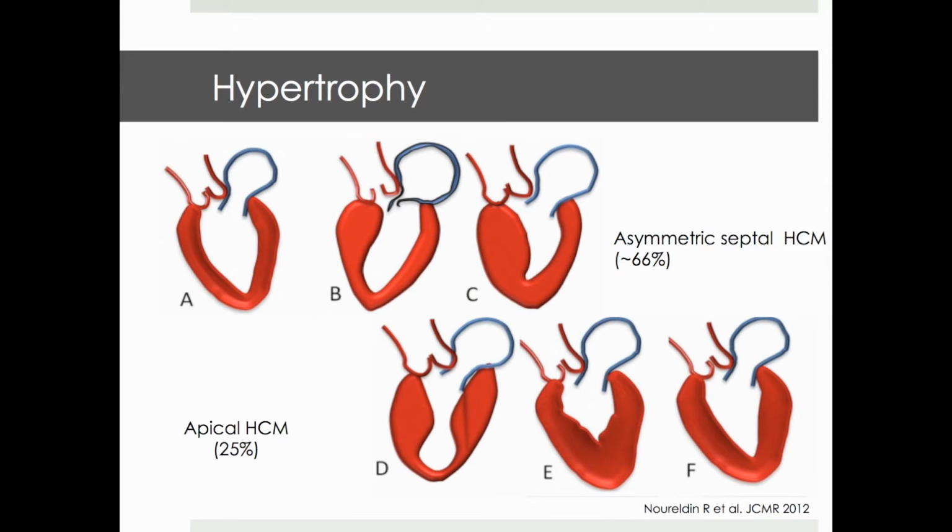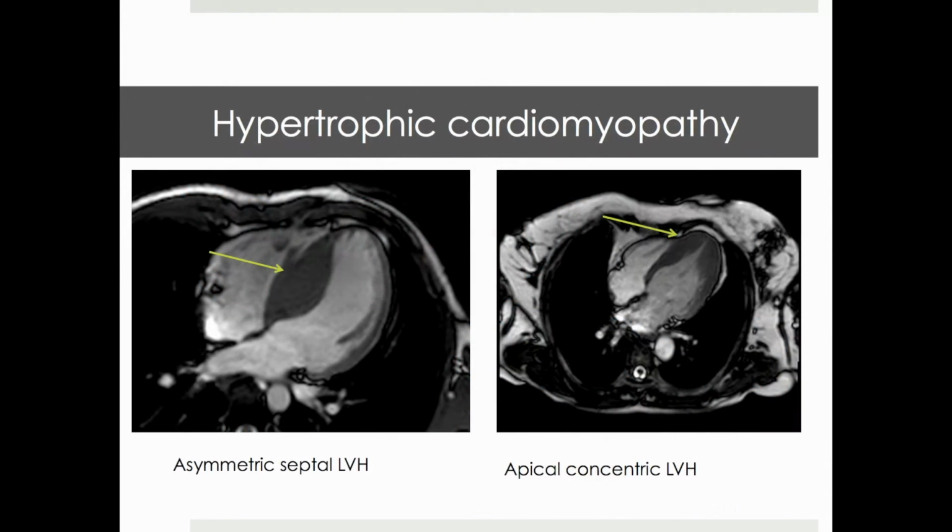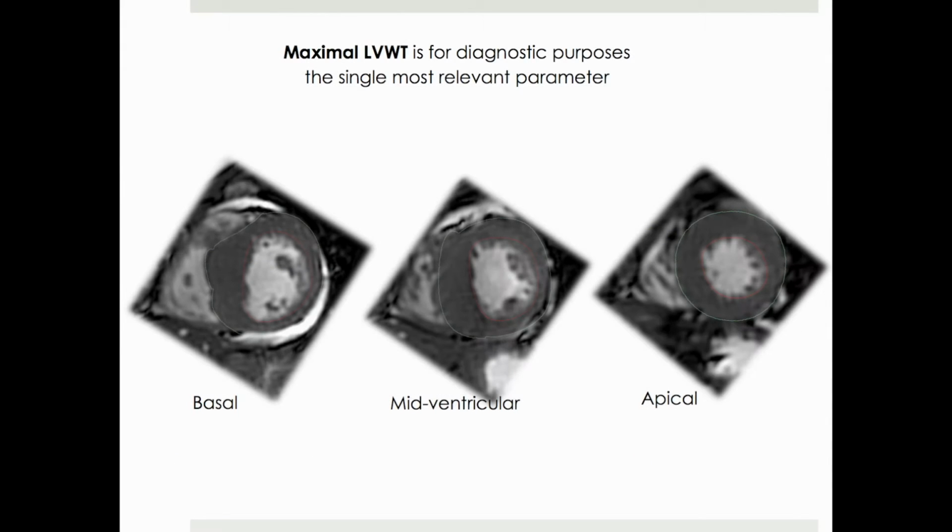In hypertrophic cardiomyopathy, the phenotypic presentation can be hugely diverse, and yet it may be broadly subdivided into major groups, characterized by either predominant septal or apical hypertrophy, as also shown in these two typical cases. In establishing the diagnosis, maximal left ventricular wall thickness counts as the single most relevant parameter.